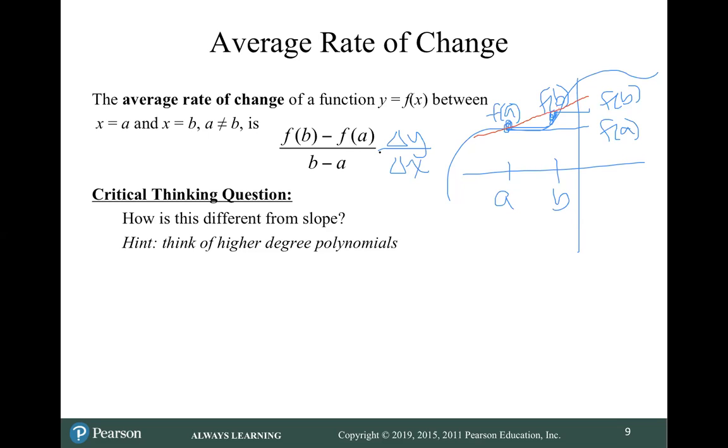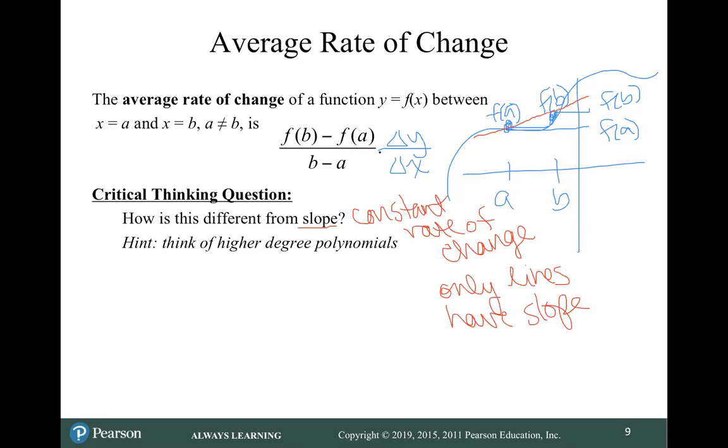The slope is a constant rate of change. Only lines have slope. Only straight lines have slope.